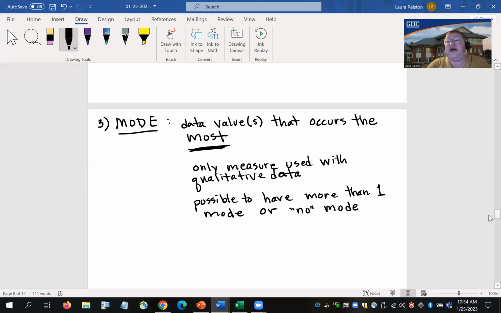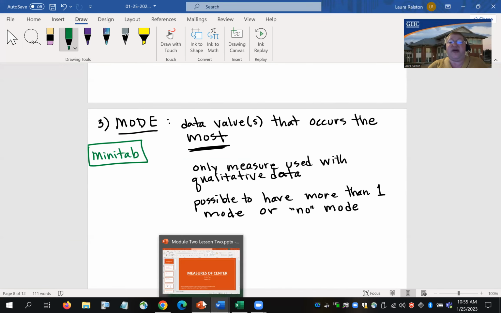And so in that case, you have no mode. And you really should use the word no, not the number 0, because again, 0 would make you think that that value is the one that occurred the most. So just be careful about that. Minitab does also calculate the mode for us. And those are our 3 measures of center.